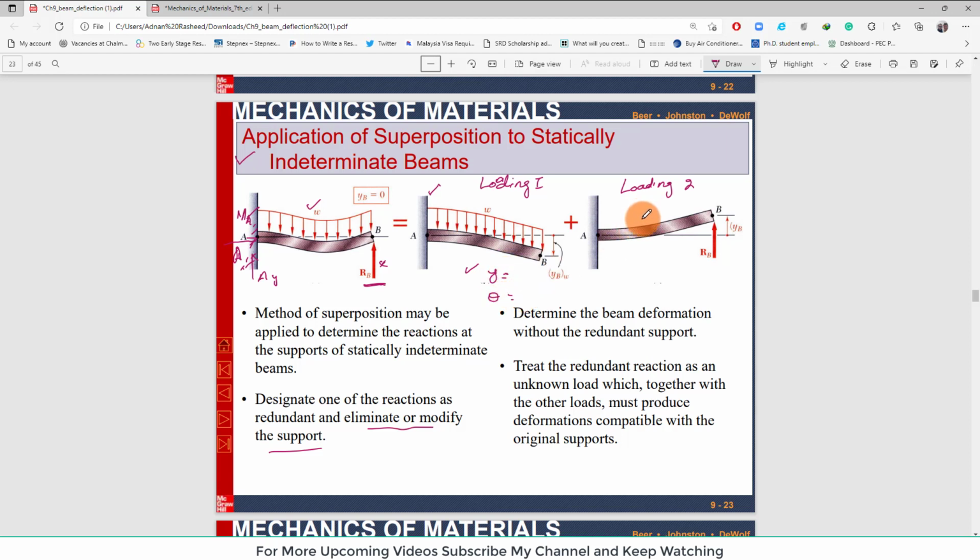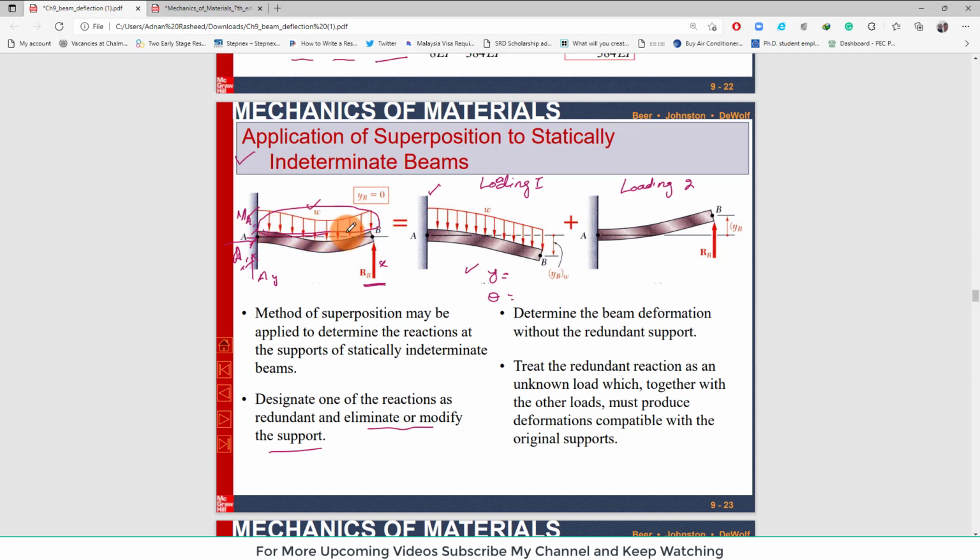Similarly, now we will treat W as redundant. When we remove W as redundant, there will be a reaction force. Clear? Now we will also solve this type of loading and find the deflection and slope. This is for loading 2, and this is for loading 1.